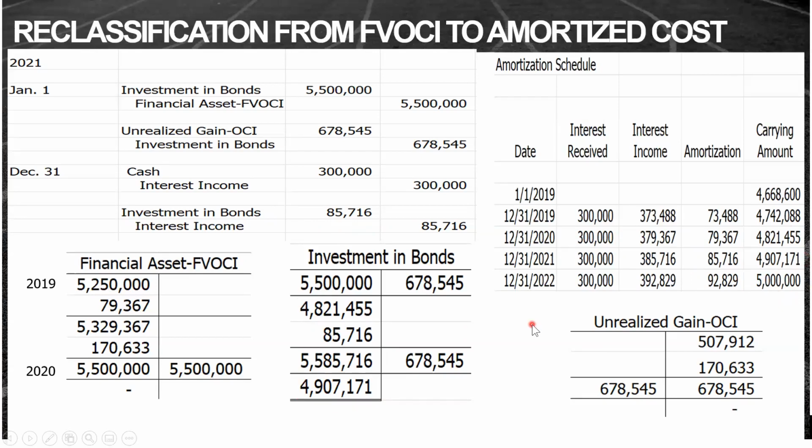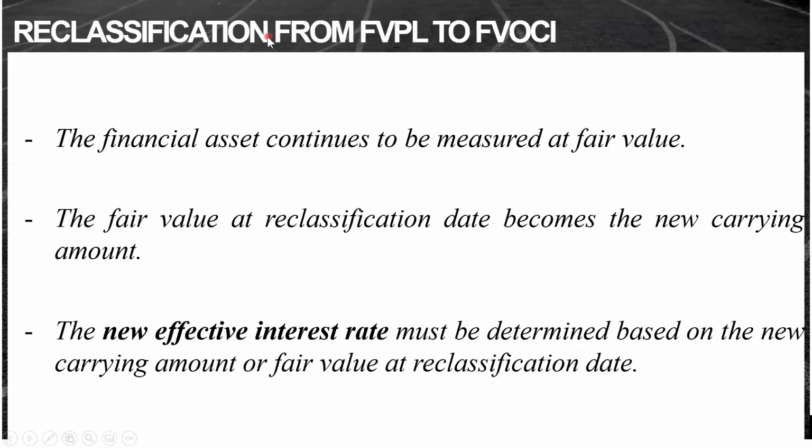So that's it for the FVOCI to amortized cost. So proceed tayo dito sa FVPL, or financial asset at fair value through profit or loss, to FVOCI naman. So ano yung ating mga guide that we should consider if you're going to reclassify FVPL to FVOCI?